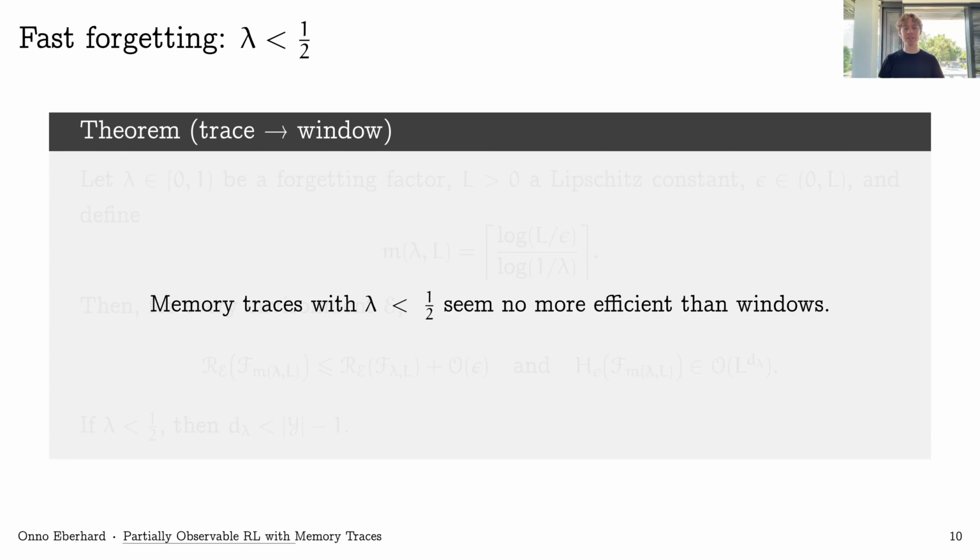However, for small lambda, we can actually show something similar in the other direction. So if lambda is less than 1/2, we can show that learning with memory traces seems not more efficient than learning with windows.